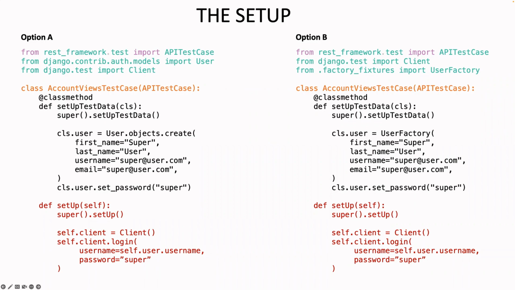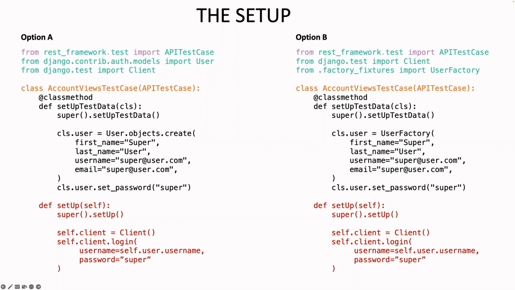The setup is you create a user with a password, and then in the setup at the bottom, you log them in. And the client class in the setup is what allows you to log in and mimic the behavior of an authenticated user in the test framework.